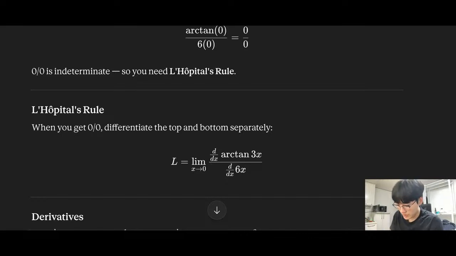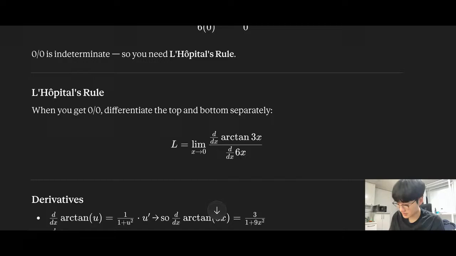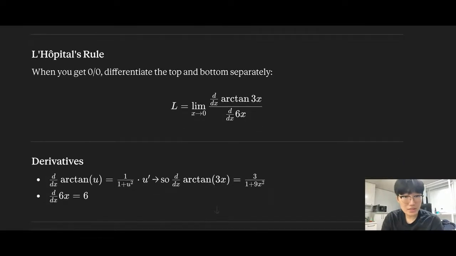So what we do here is L equals the limit as x is heading to 0 of d/dx arctangent of 3x over d/dx of 6x.